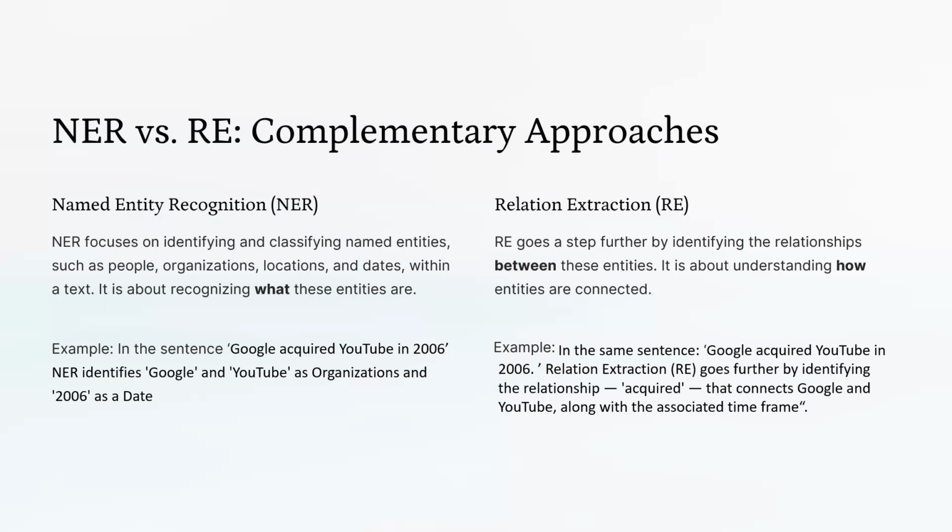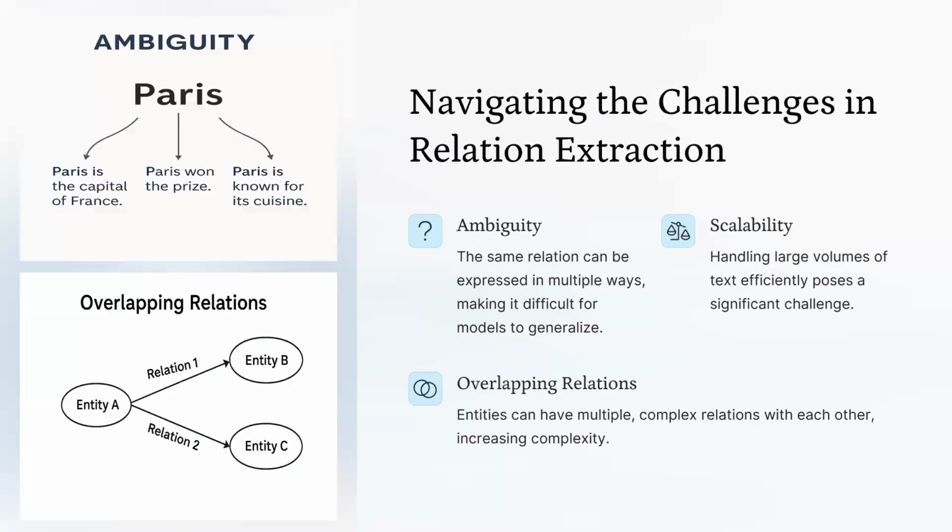This task does have some major challenges that often arise while extracting relationships, which are ambiguity, overlapping relations, and scalability. Ambiguity occurs when a word or phrase can have multiple meanings, which makes it difficult for models to determine the correct context.